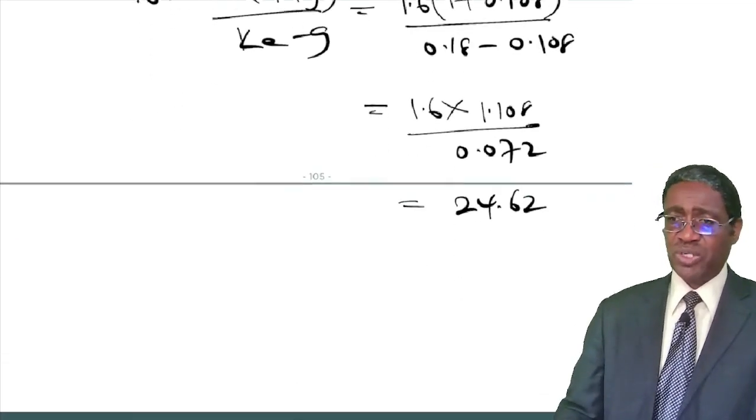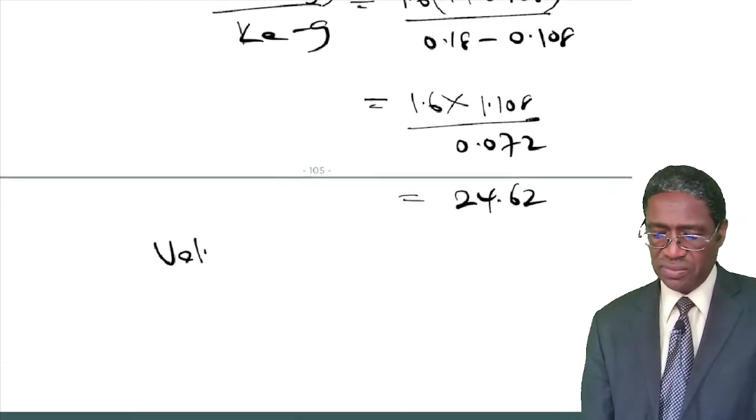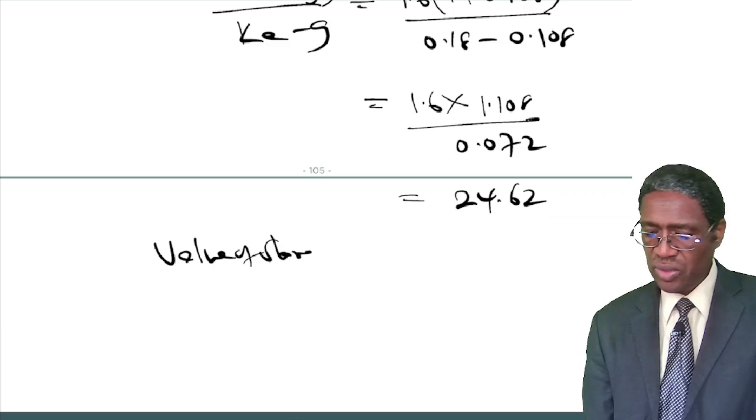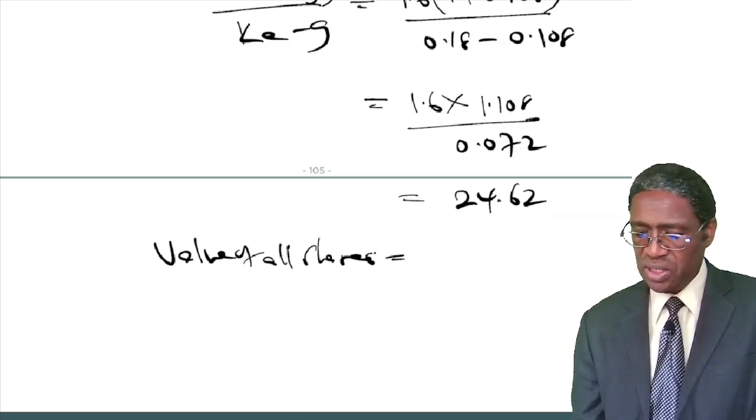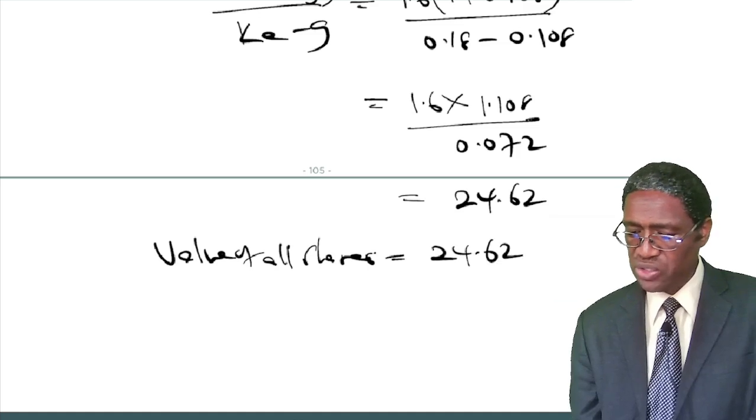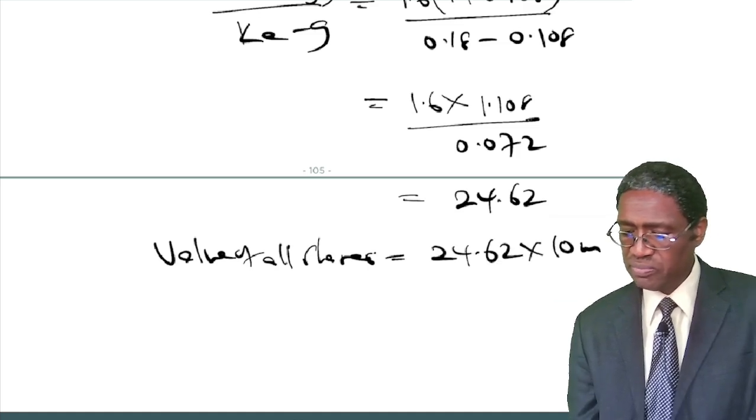So we put down here the value of all shares. This will be given by 24.62 times 10M.